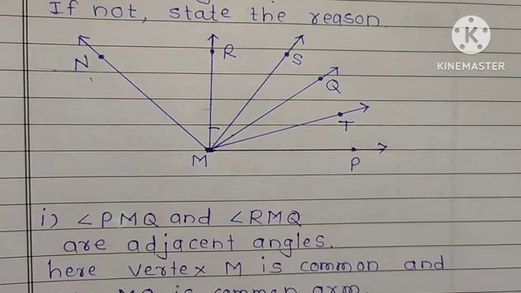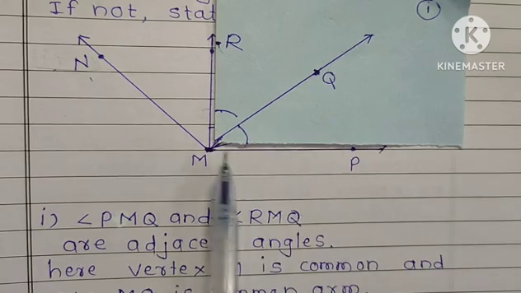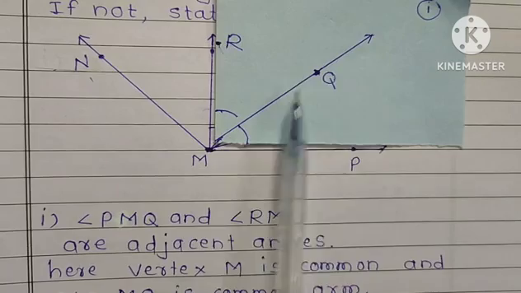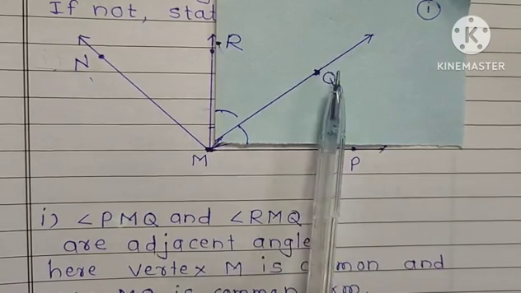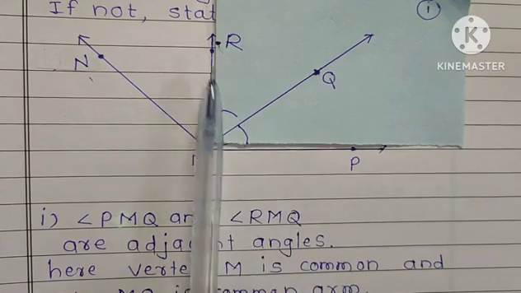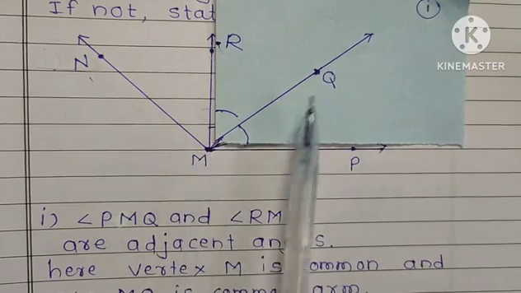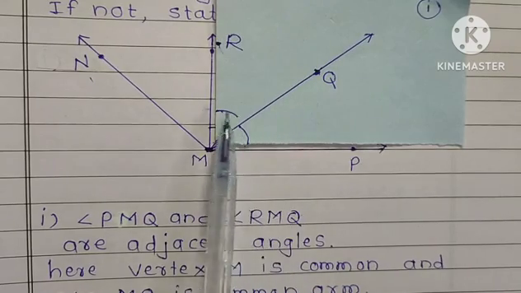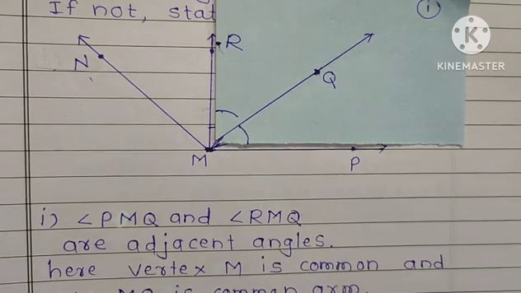Suppose this is the interior part of angle PMQ, and the second angle is RMQ. So this is the interior part of this angle.